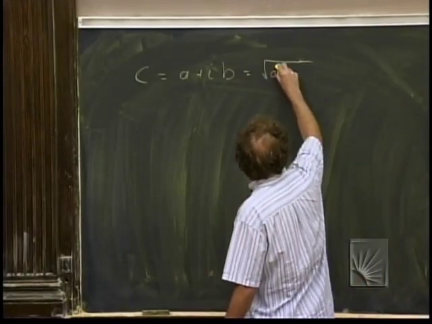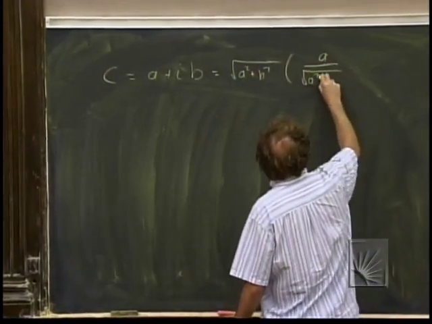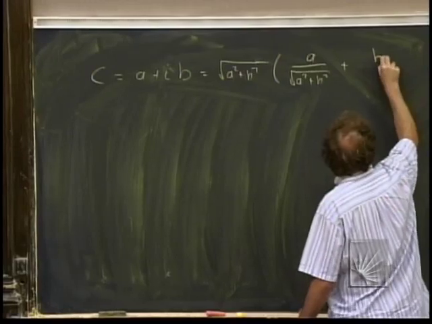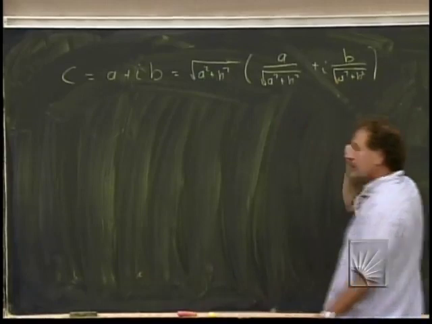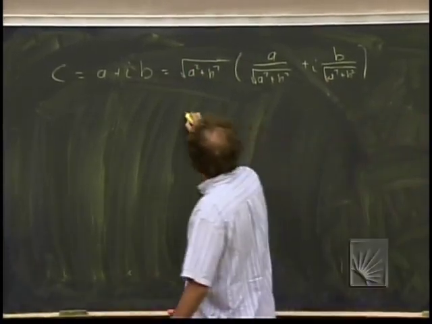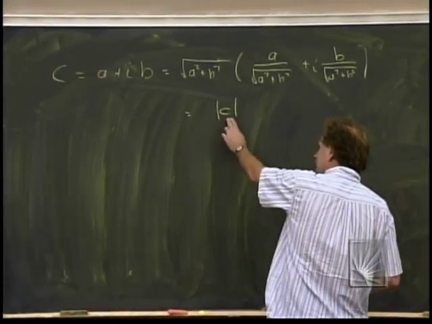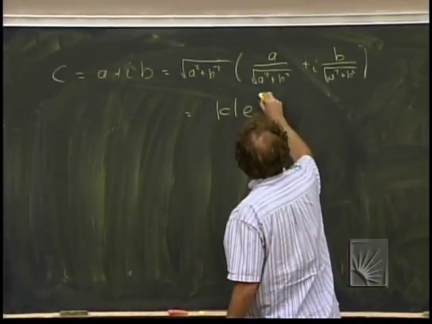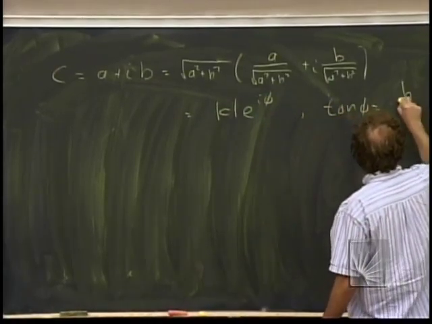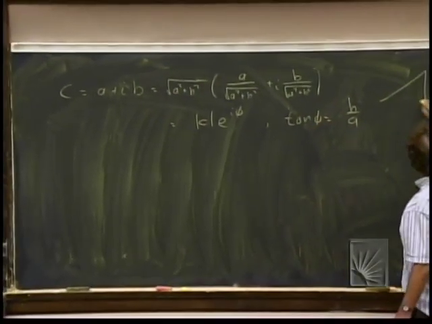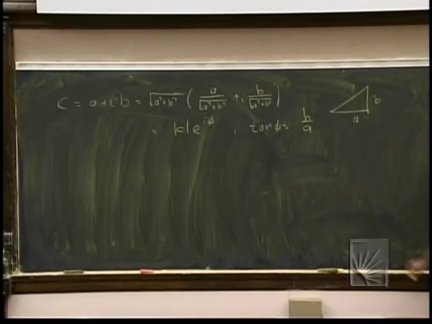What I did say was that because I can just simply algebraically multiply and divide both terms by a number like that, then I argued that this is the same as writing the magnitude of the complex number c times e to the i phi, where the tangent of phi is b over a. And we think of this as being a triangle with that being b and that being a. Right? That's how I think of a complex number.